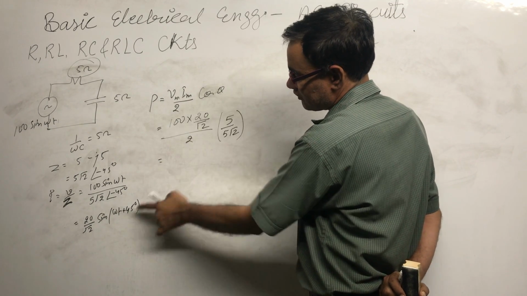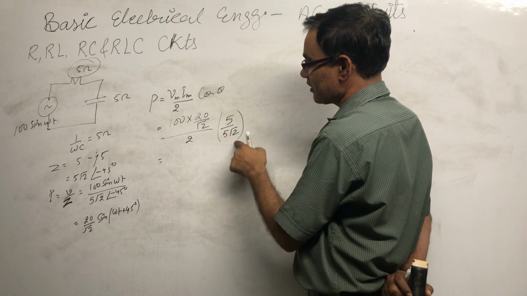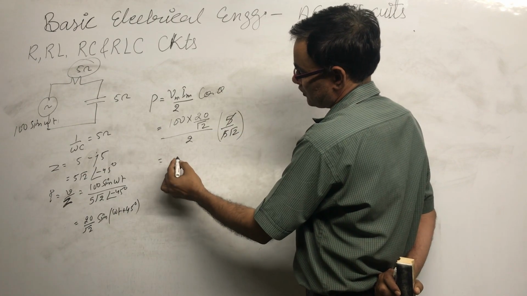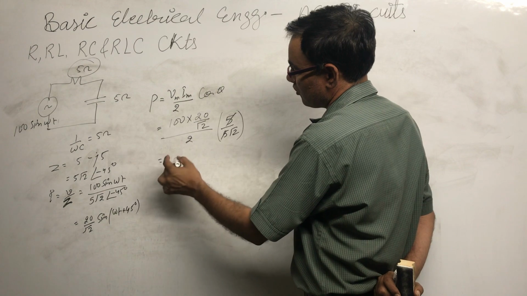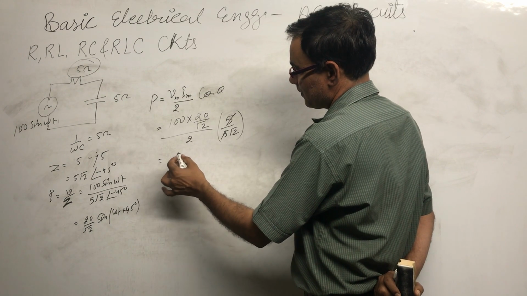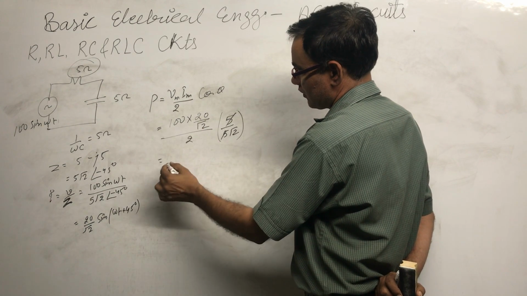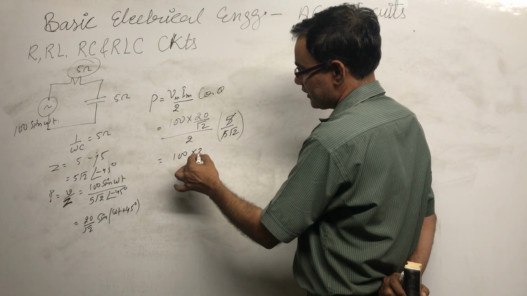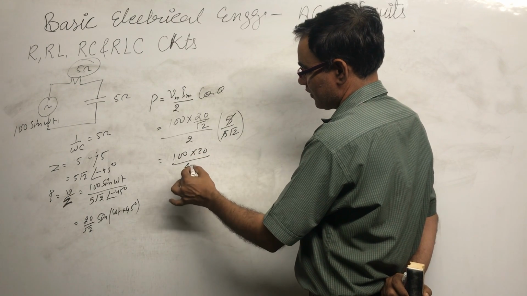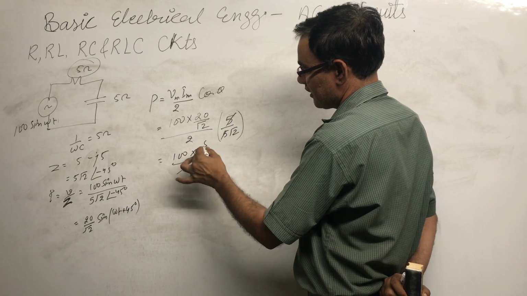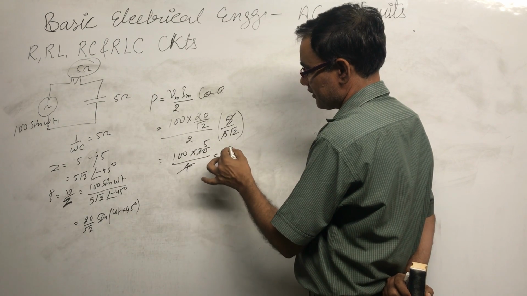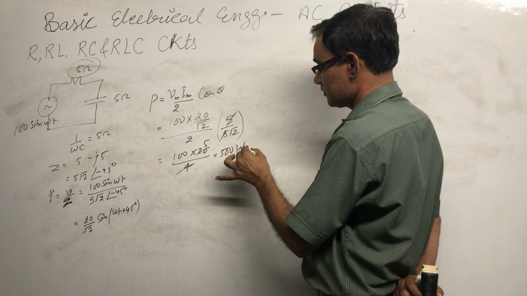Otherwise also theta is 45 degree, cos 45 degree is 1 upon root 2. So it is 1 upon root 2. So it becomes 400 into 20 divided by 4. So it is 5. So 500 watt.